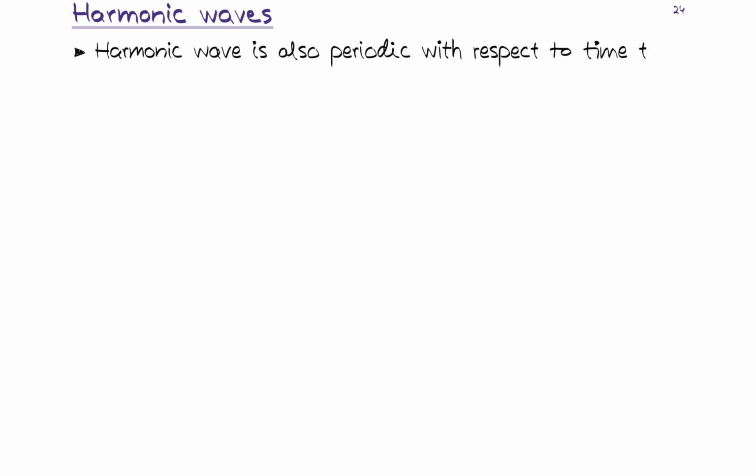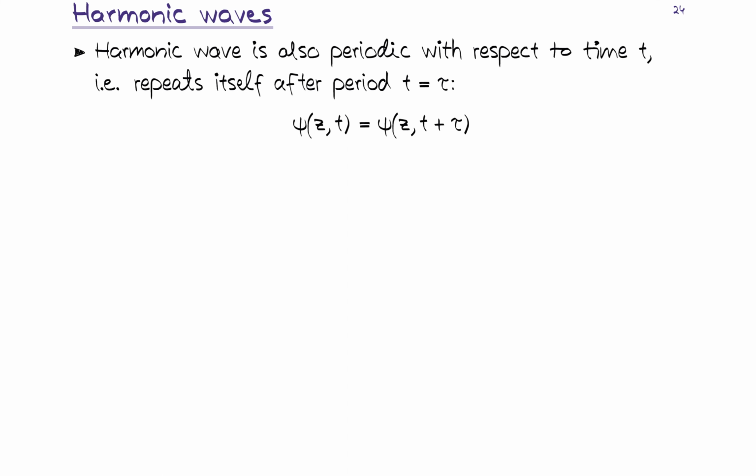And now, like I promised, we next look into the periodicity of the harmonic wave with respect to time t. Of course, after a while, the wave starts looking exactly like its original self. We call this period of time tau, and the terminology is that it's the period of the wave. Similarly, after this oscillation time, t plus tau, the period of the oscillation, we have equality, so that the wave should look exactly as at the instant t equals t.